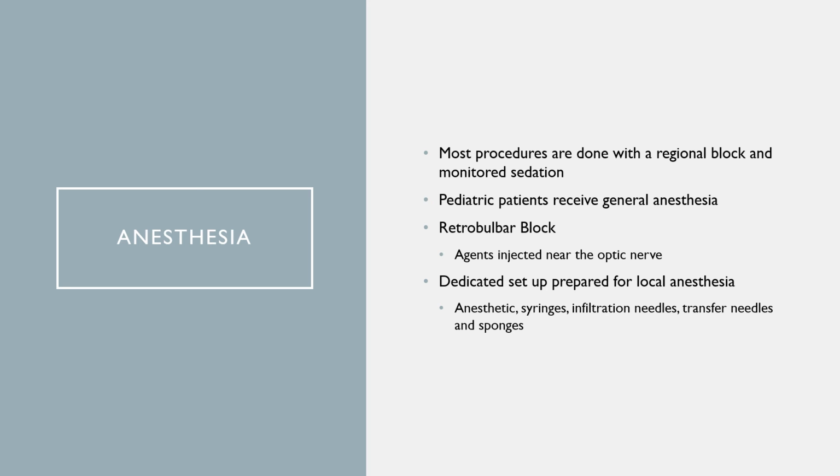Okay, a dedicated setup is prepared for local anesthesia for these patients, and that's going to include the anesthetic, syringes, infiltration needles, transfer needles, and sponges. The most commonly used injectable locals for eye procedures are going to be Novocaine, 1 to 4%, and Xylocaine, 1 to 2%.